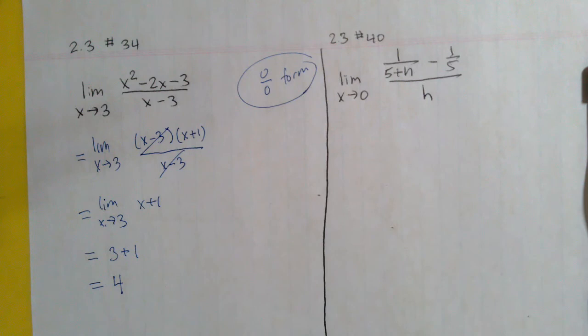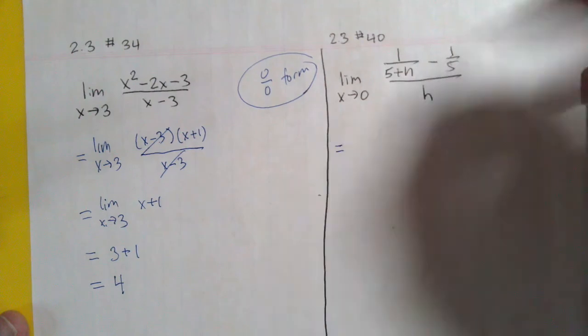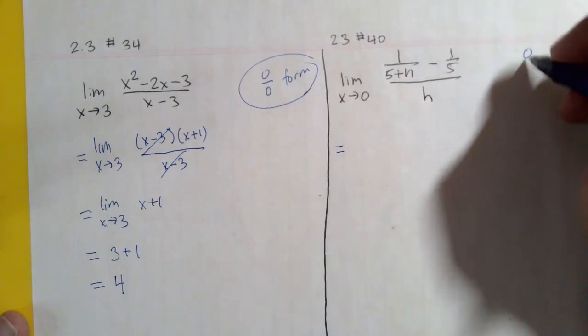All right, let's look at the next one. Here the algebra is maybe a little bit trickier. We need to get a common denominator. That's the way I'm going to do this. And by the way, again, 0 over 0 form.